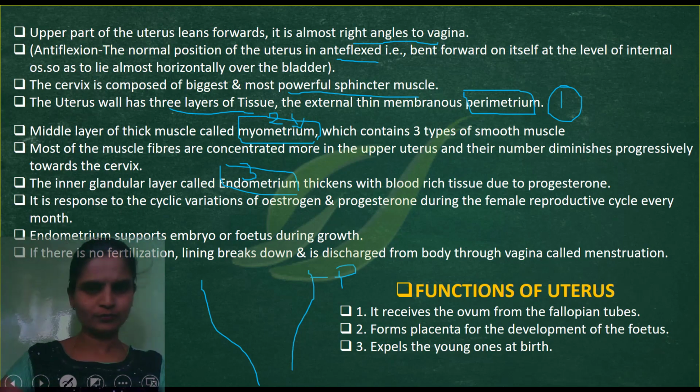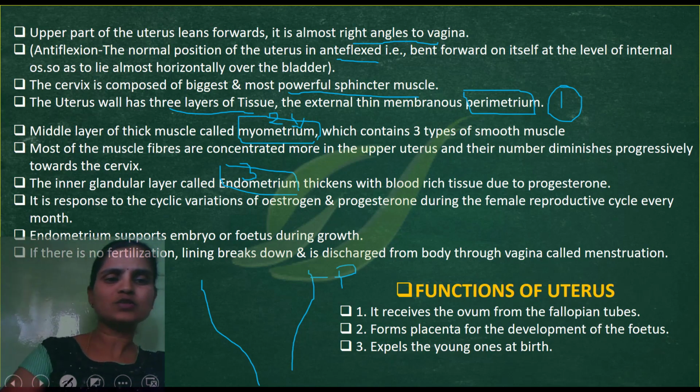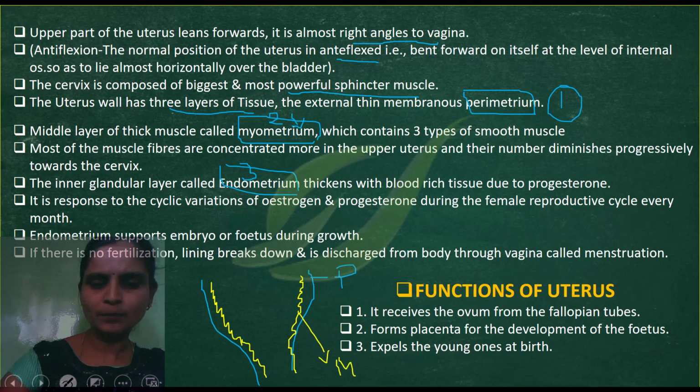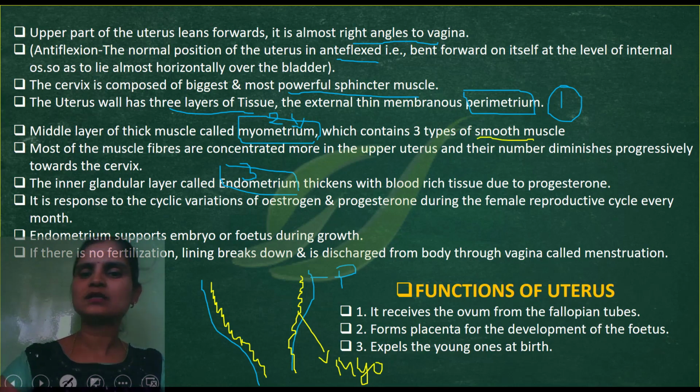The inner layer is the myometrium, which means it has muscles. The myometrium contains smooth muscles, around 3 types. These smooth muscles undergo contraction and relaxation, which is helpful during parturition, that is, delivery of the baby.